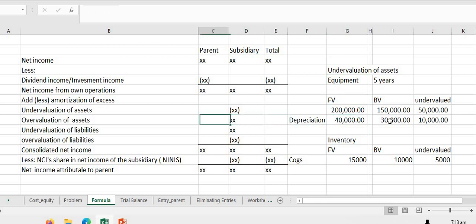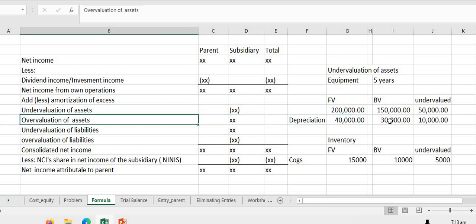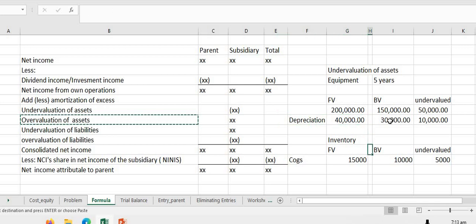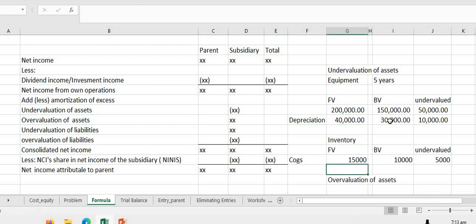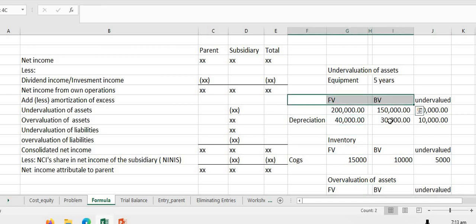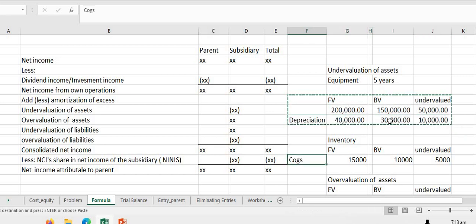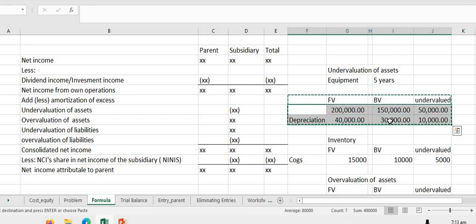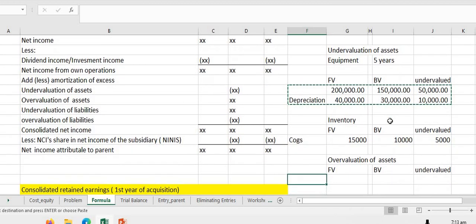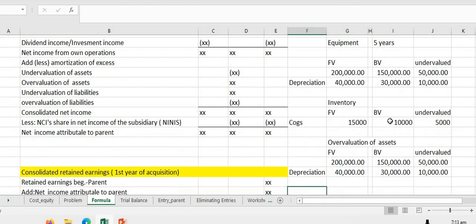So, next would be the overvaluation of some assets. Okay, let's say for example, example ng overvaluation of some assets.